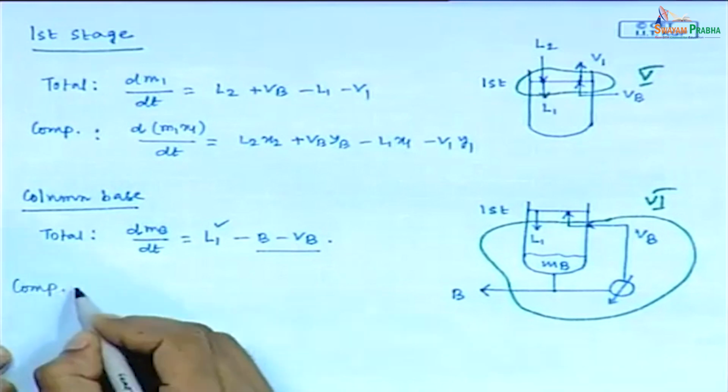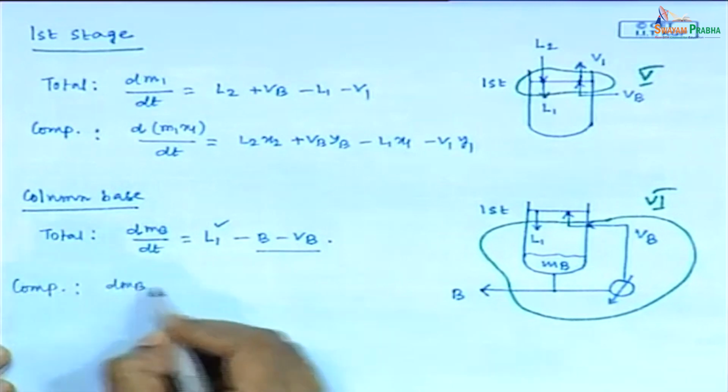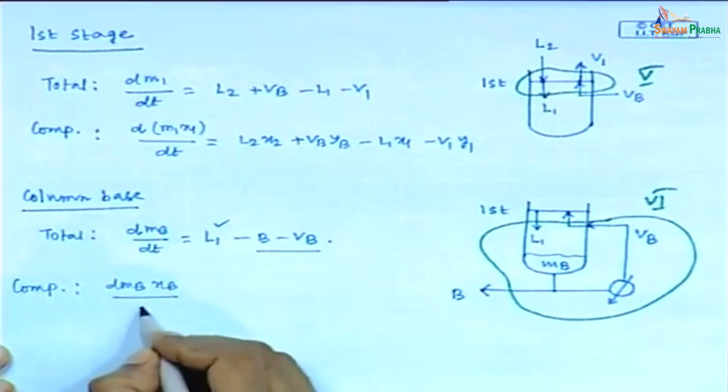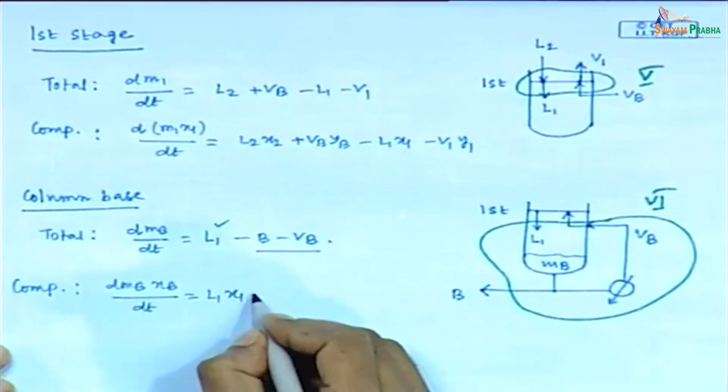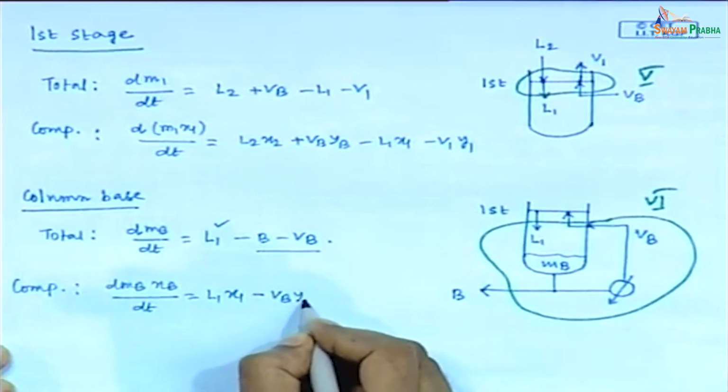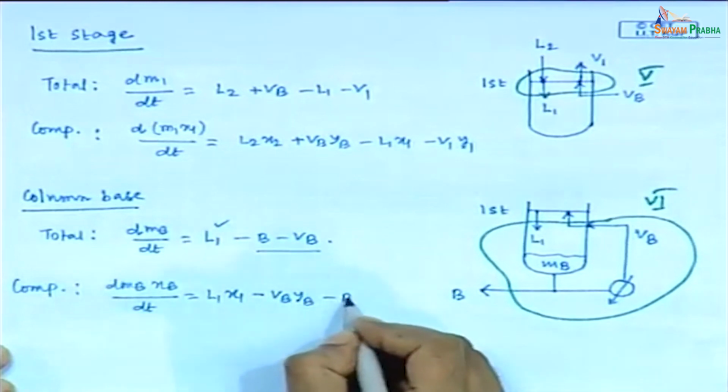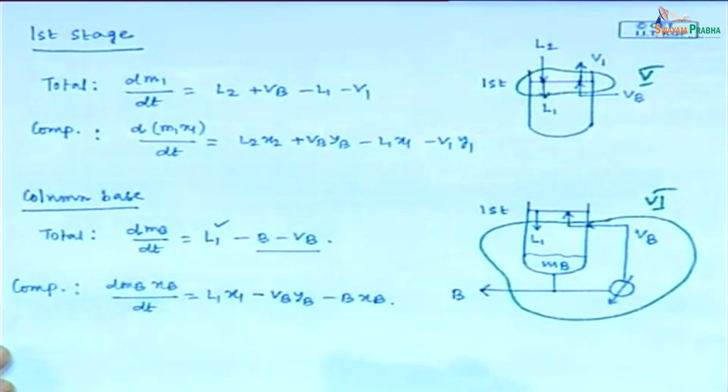What will be the component mass balance? d(Mb xb)/dt equals L1 x1 minus Vb Yb minus B xb. This is the component mass balance equation.